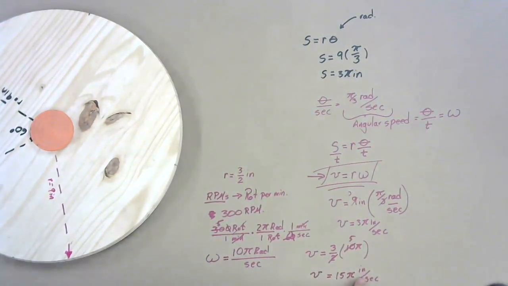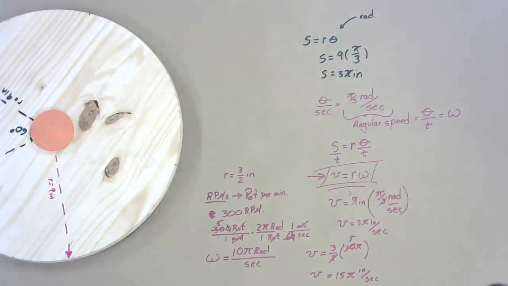Now, if we wanted to convert that to feet per second, because we like feet per second, we certainly could. We know how many inches are in a foot. We could turn it into miles per hour if you wanted to. Or inches into feet, feet into miles, seconds back into minutes, minutes into hours. We could turn this into anything we want.